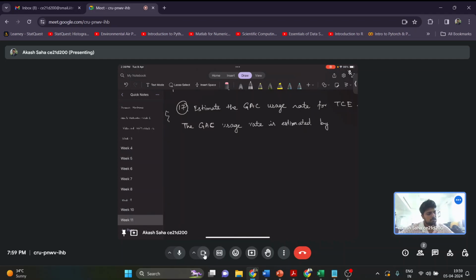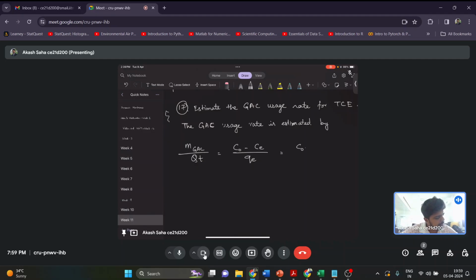Okay, it's fine. Usage rate is estimated by mass of GAC by QT is equal to C naught minus CE by QE. So this is the general equation.